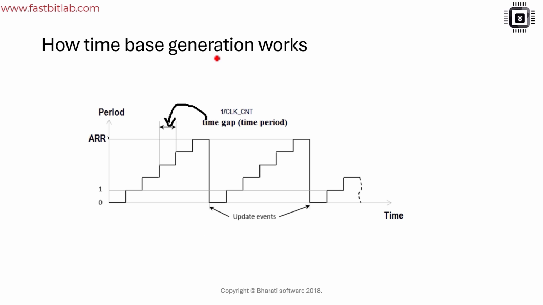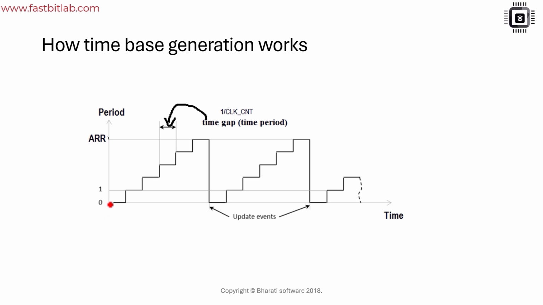Now let's understand how the time-based generation works. First, you have to load some value, which we call the period value, into the ARR register. That will set this mark. We will practically see how to calculate this value. Then the counter always starts from 0.